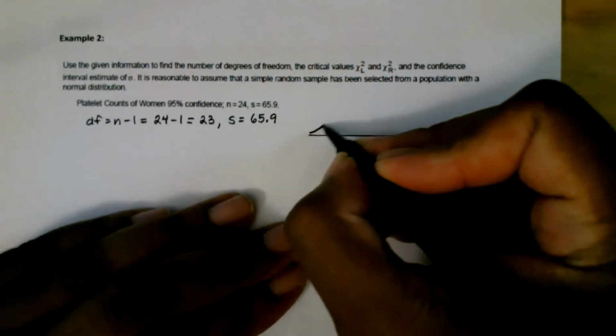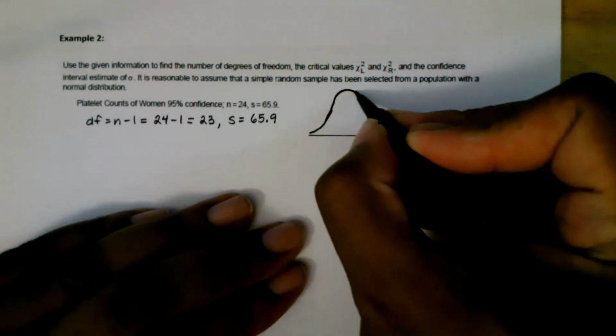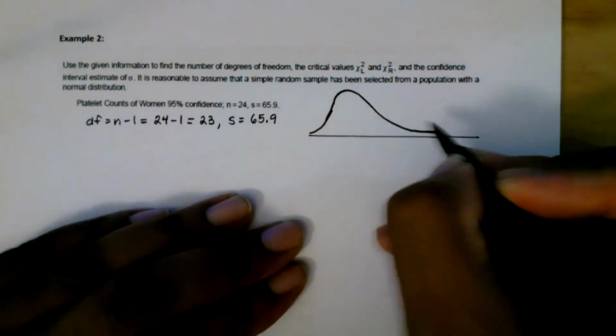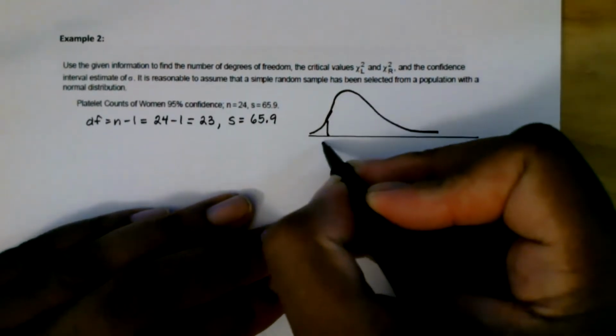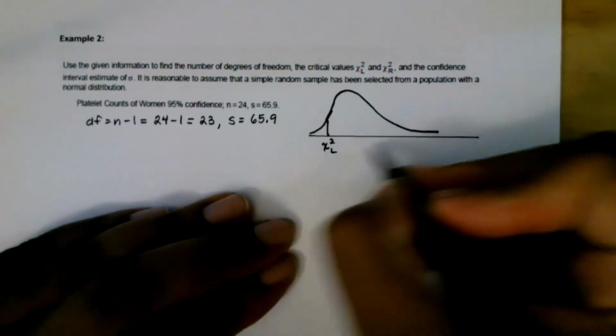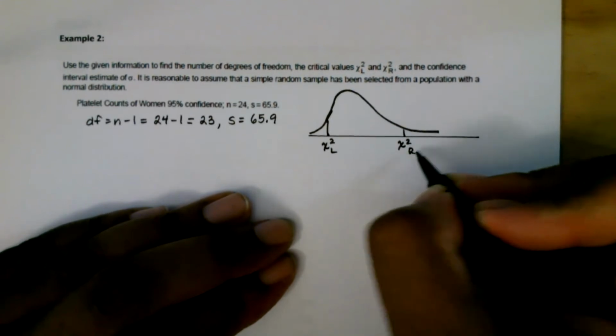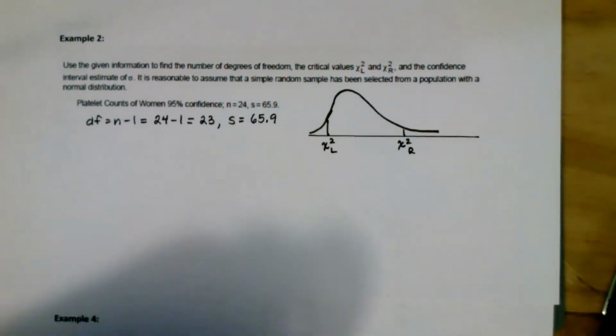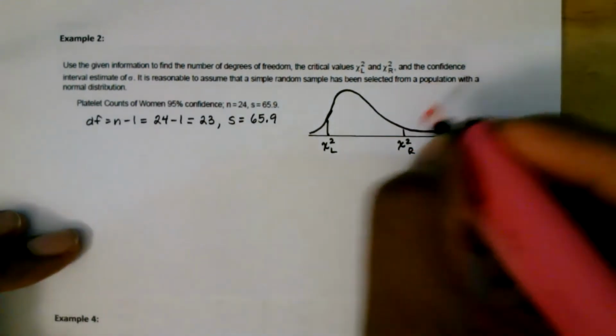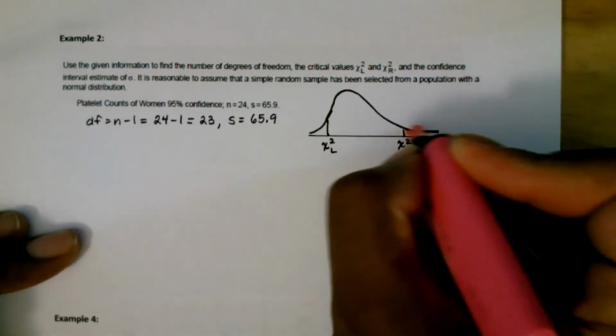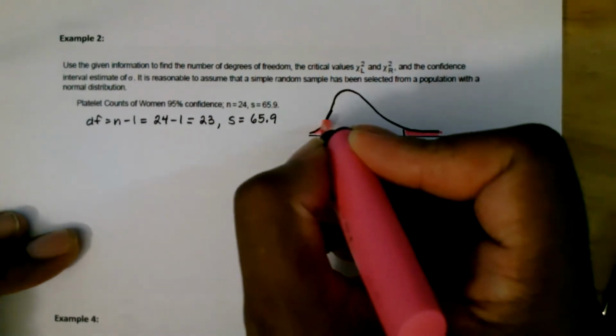Okay. There's my chi-square curve. So I need a chi-square critical value on the left and a chi-square critical value on the right. I'll even shade those areas to the right and to the left.